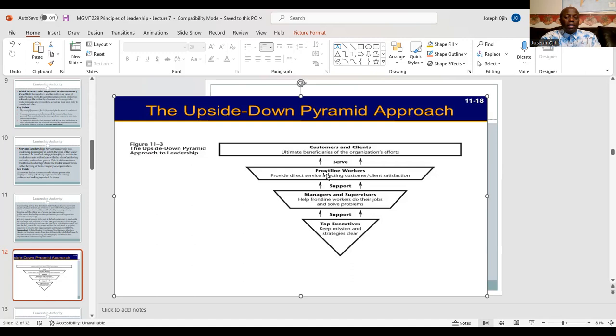Okay, so the upside down pyramid approach. You can see that the customers are at the top. It is as if the top executives are serving the customers, since they are at the bottom, followed by managers, and then support, and then customers and clients.